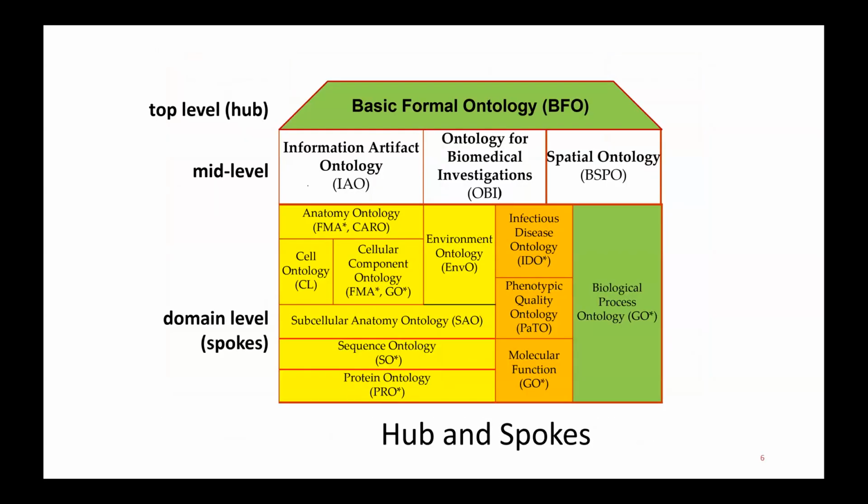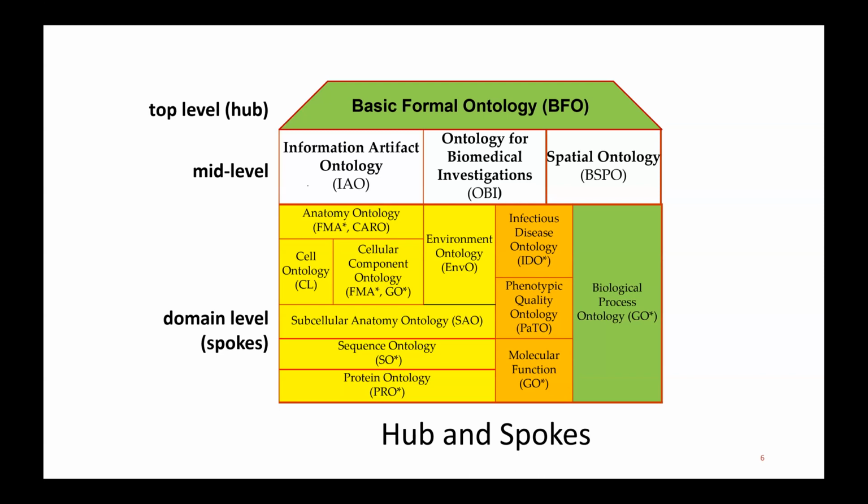All right, so this is a picture of the same structure, but with the structure made more articulate by calling it a hub and spokes structure. The hub is basic formal ontology, which is very general. It just contains words like object and process, which everybody knows the meaning of.